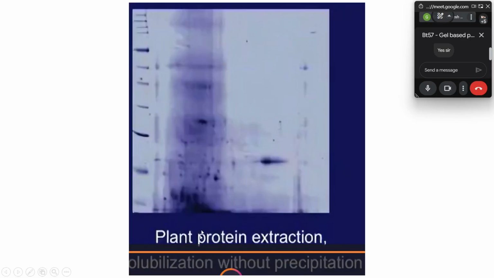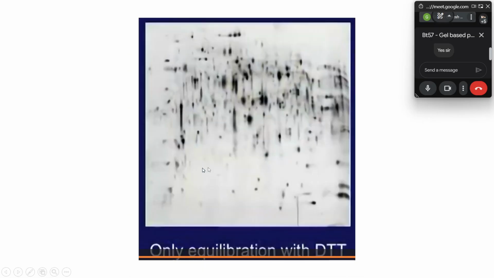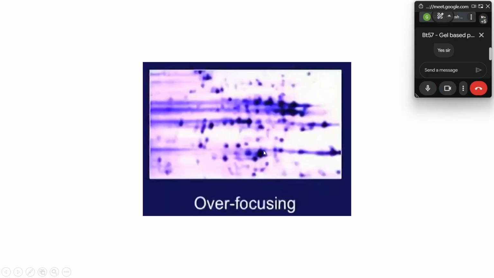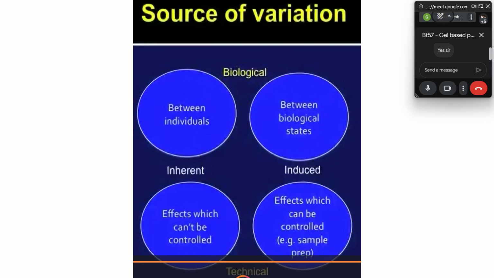Similarly, if you have used solubilization without precipitation, your gel might look like this. If, after the first dimension, you have equilibrated with DTT and not with an alkylating agent, your gel might again show a streaking effect. And while visualizing, if you are not focusing properly or are over-focusing, your gel might not look that accurate.